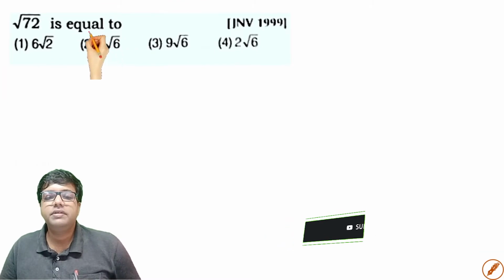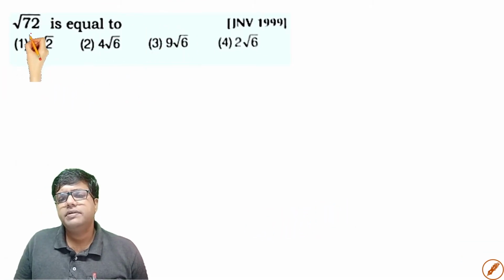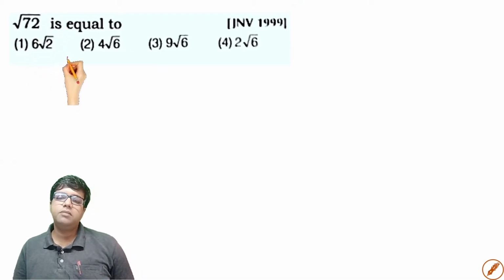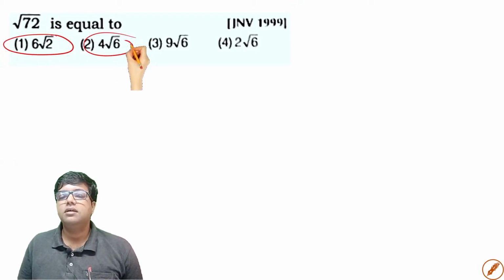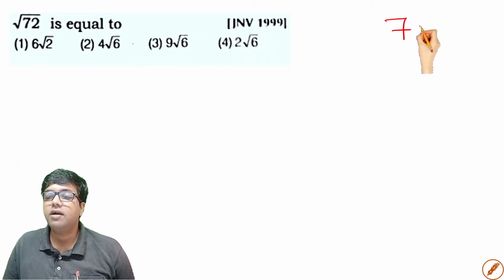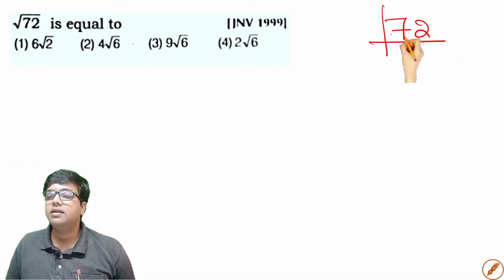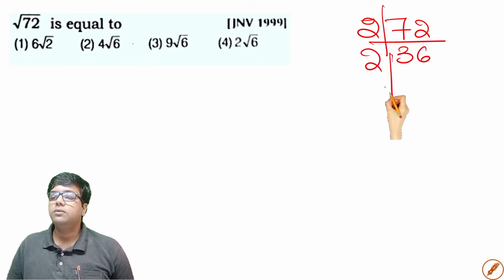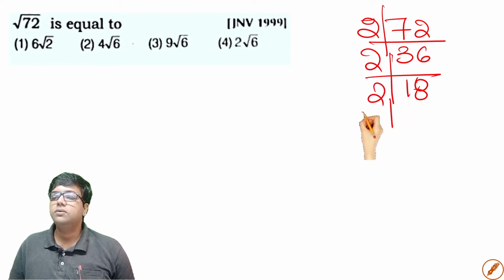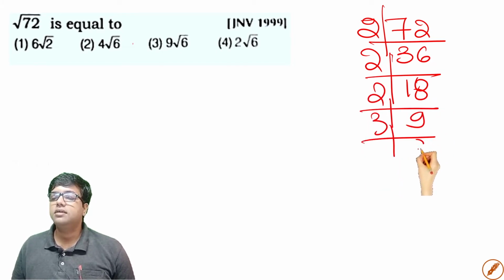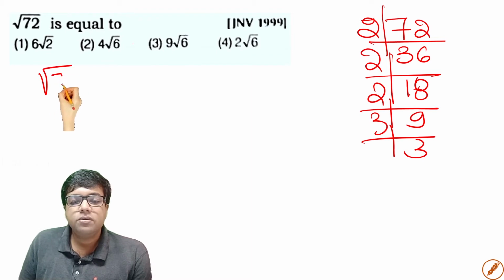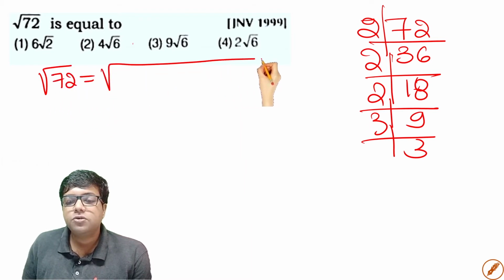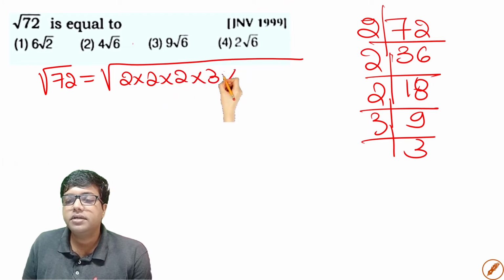Square root of 72 is equal to, so 72 is not a perfect square, so the square root will give you a decimal number, but we don't have decimal options here, so we will have to prime factorize 72. So 2 3s are 6, 2 6s are 12, 2 18s are 36, 2 9s are 18, 3 3s are 9. So square root of 72 can be written as square root of 2 into 2 into 2 into 3 into 3.